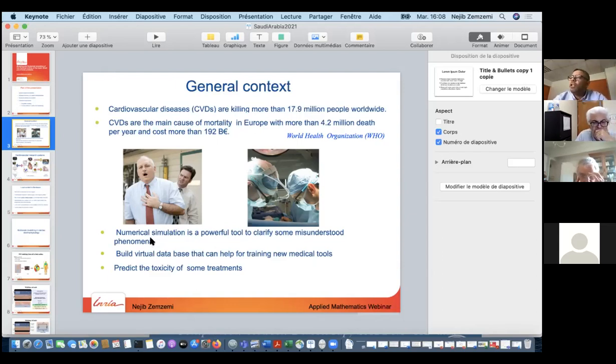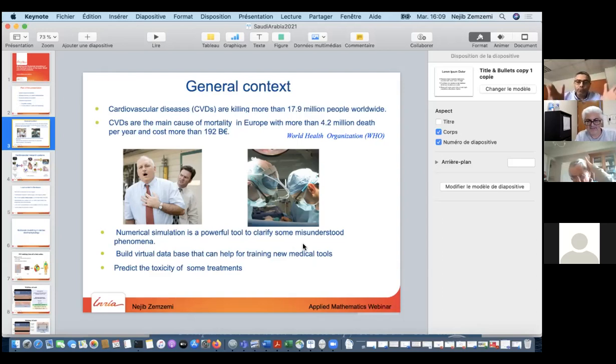A numerical simulation tool could also be a good candidate to build a virtual database that could train medical doctors. And I will give one example in this presentation. It could also help to test medical devices virtually before testing them on real patients.